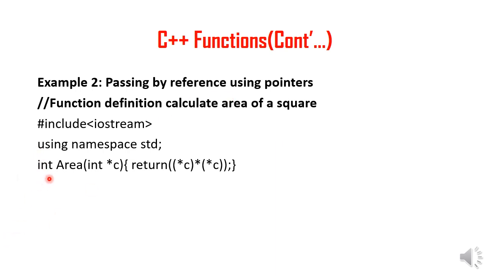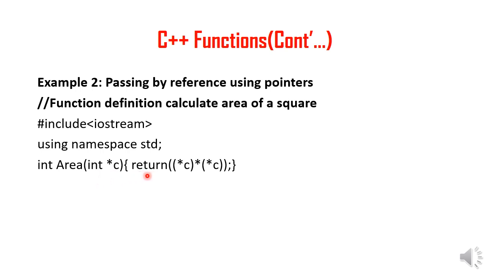My function return type is int, but you can put any other kind of return type, and my function name is called area. My function parameter is a pointer which is called C. It is a pointer because it is a variable which has been declared by using the asterisk, or the reference operator.